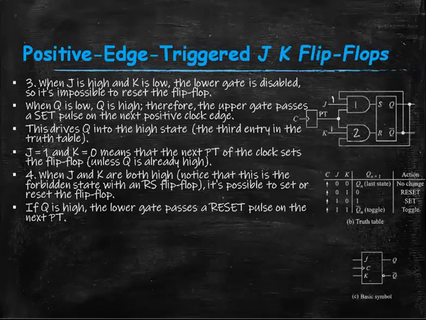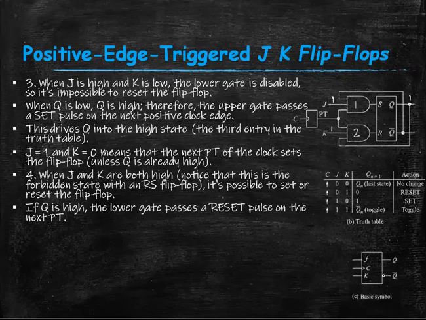If Q is high, Q bar must be low. Q is fed back into the lower AND gate, so here must be a 1 and here must be a low.